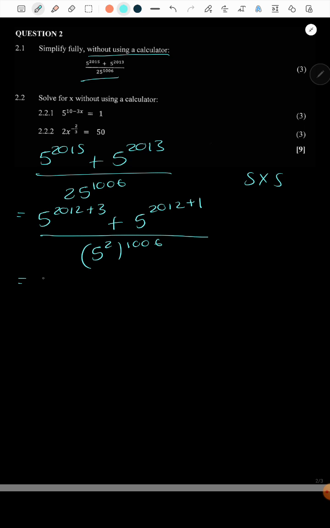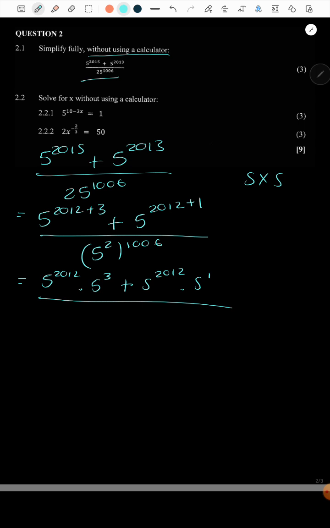So we can write the numerator as 5 to the power 2012 times 5 to the power 3 plus 5 to the power 2012 times 5 to the power 1, divided by 5 to the power 2 all raised to the power 1006.